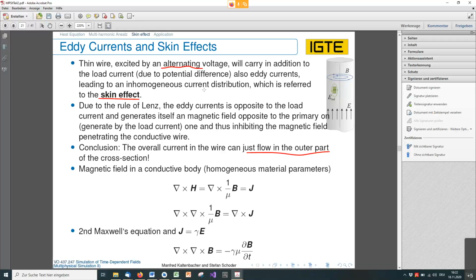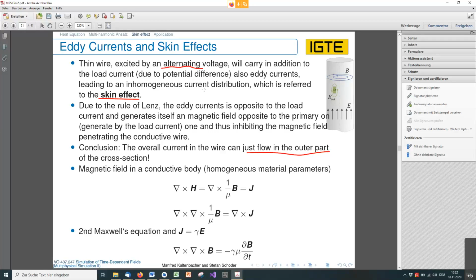To sum up, eddy currents arise when we have an alternating input, like voltage or the current itself, and then in a conductor the current is flowing in the outer part, and this is related to the skin effect.